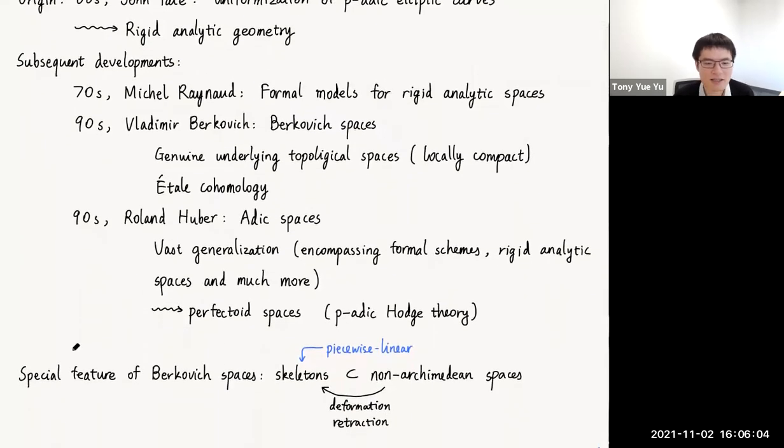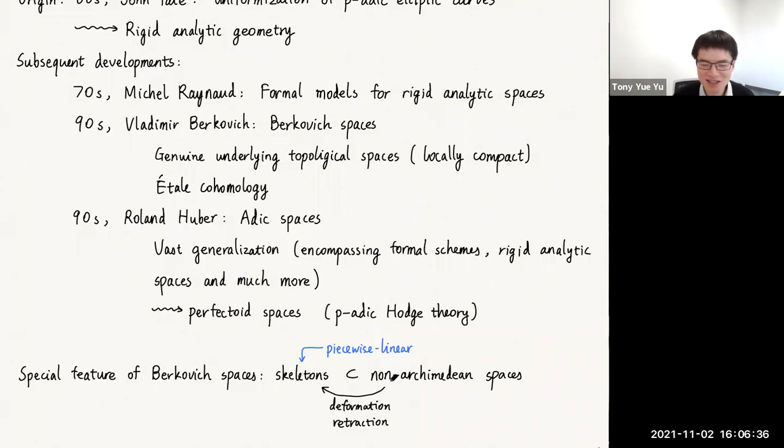Nevertheless, there is one special feature of Berkovich spaces that I would like to mention. With respect to his underlying topological space, Berkovich constructed piecewise linear subsets called skeletons.